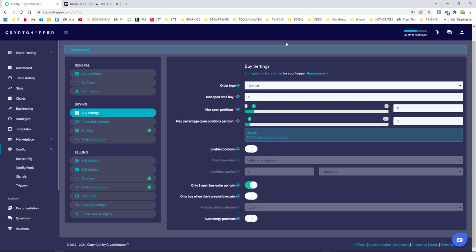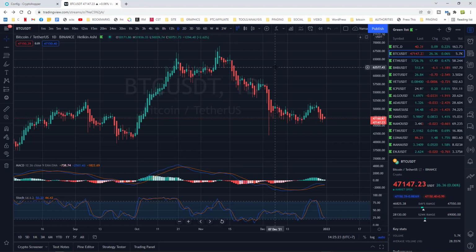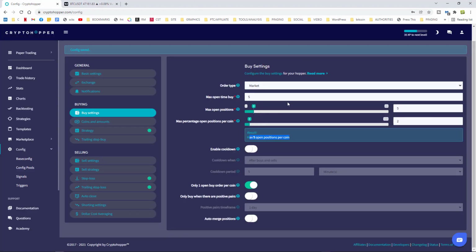Okay? So, 5 positions and only 1 open position per coin. Alright, so it could have Bitcoin, BNB, Litecoin, DOT, and ADA. 5 coins you choose from your list. Now if you wanted to increase to 10 coins, that's up to you, or 15 positions.